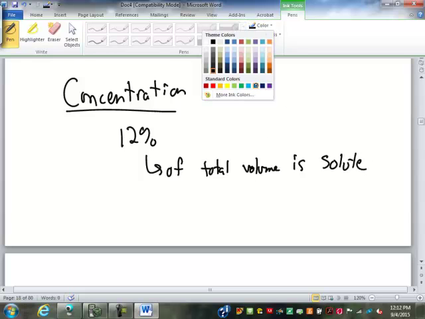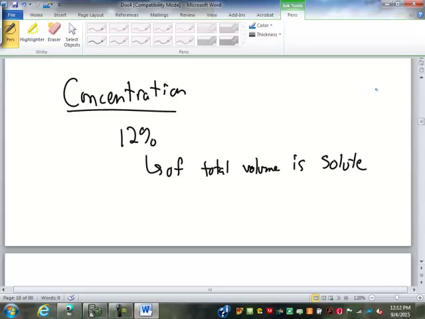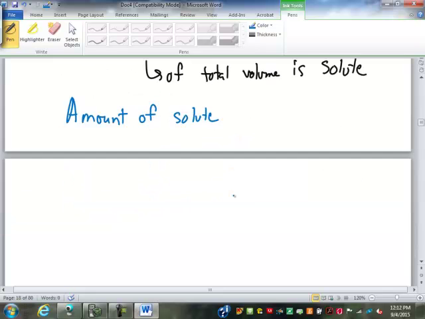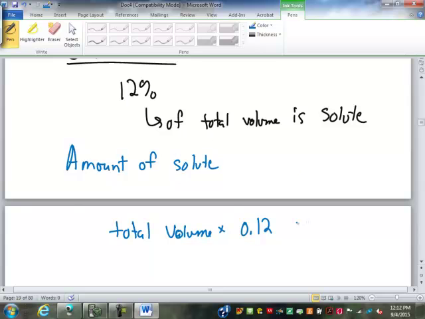So if I want to find the amount of solute in a solution, it is the total volume times that percent as a rate. So if this was 12%, it'd be times 0.12. So whatever the volume of the solution times 0.12 would give us the amount of the solute.